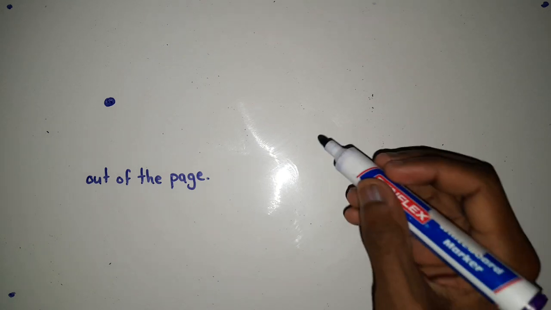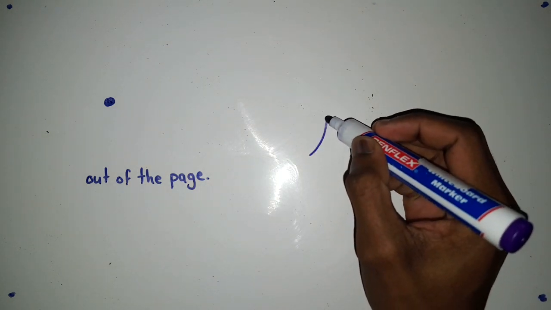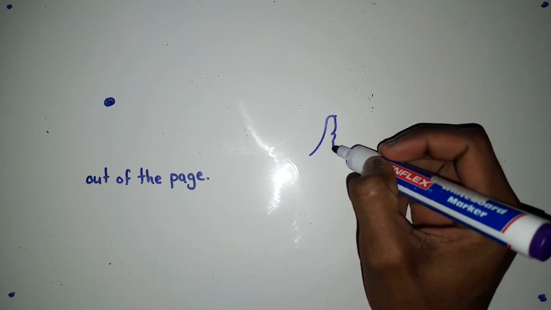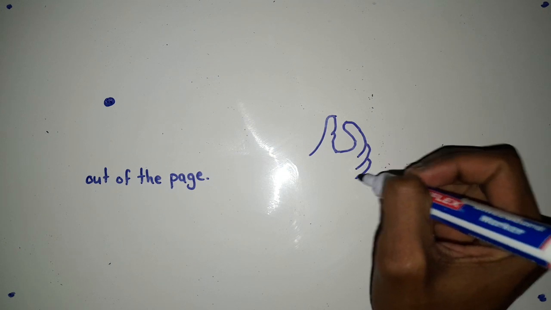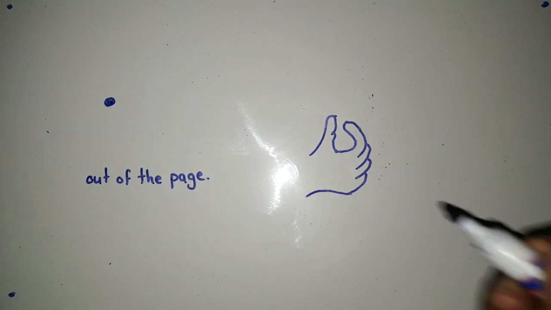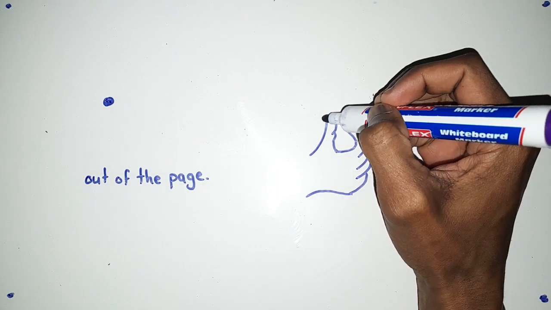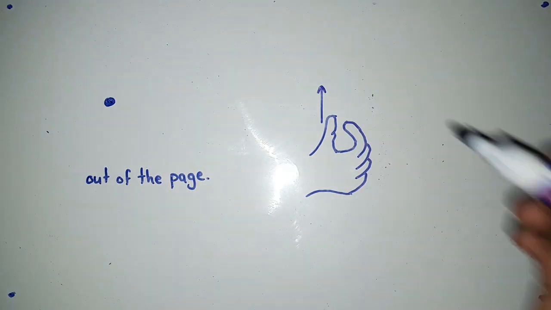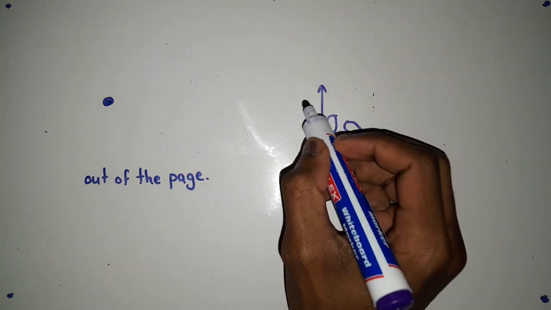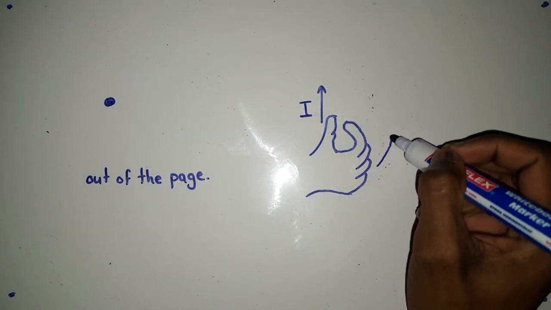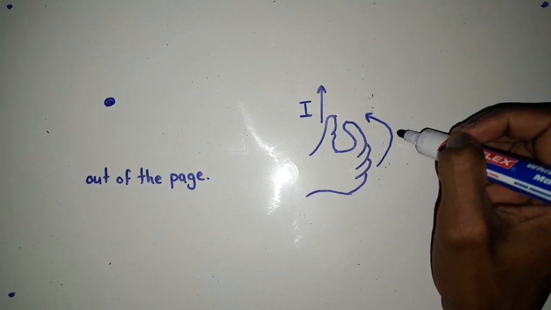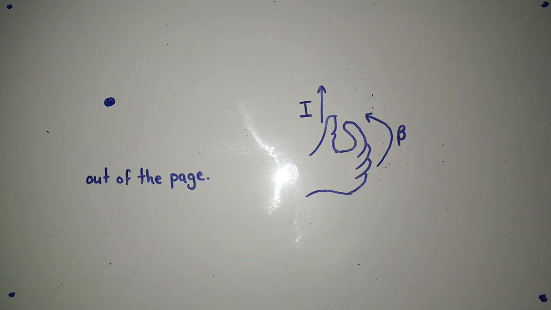Do you understand? Then now we are going to use the right hand rule, whereby our thumb will be in the direction of current, then our curled fingers will be in the direction of the magnetic field.